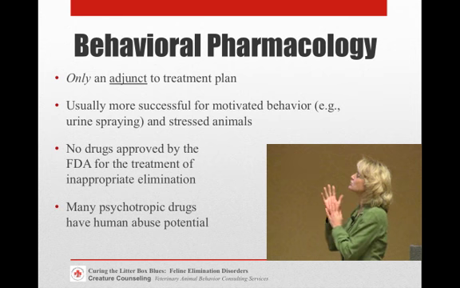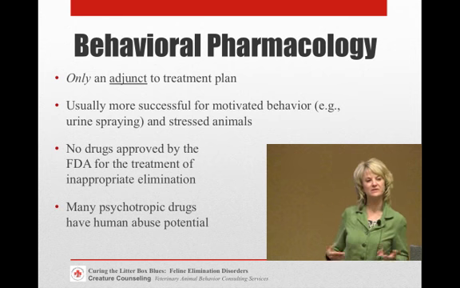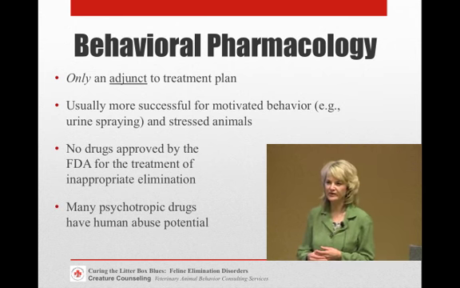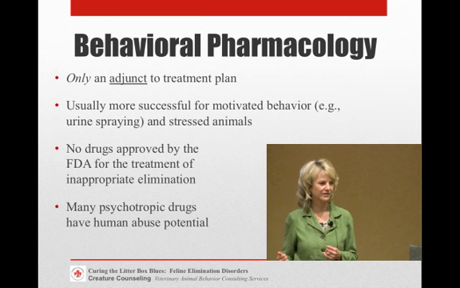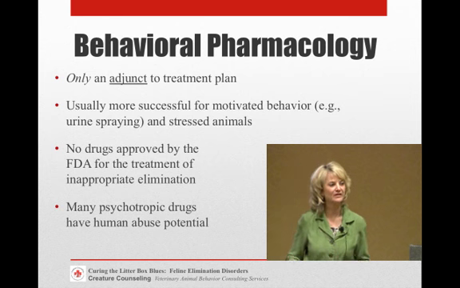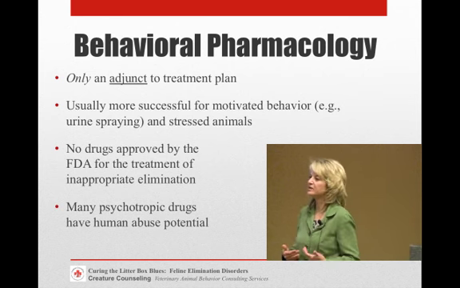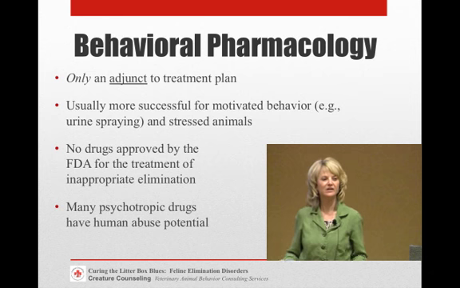And then, like I said, usually it's more successful with motivated behaviors, like stressors and things like that, like urine marking. You have to remember there are no drugs that are approved to be used in this matter for cats. Okay, so what it is is something called off-label, meaning that it hasn't been designed to be used with cats.